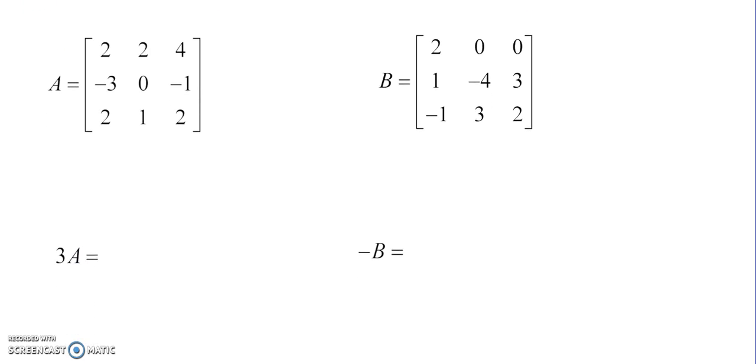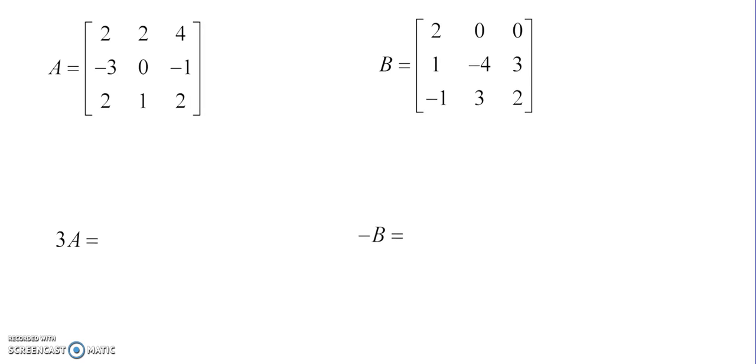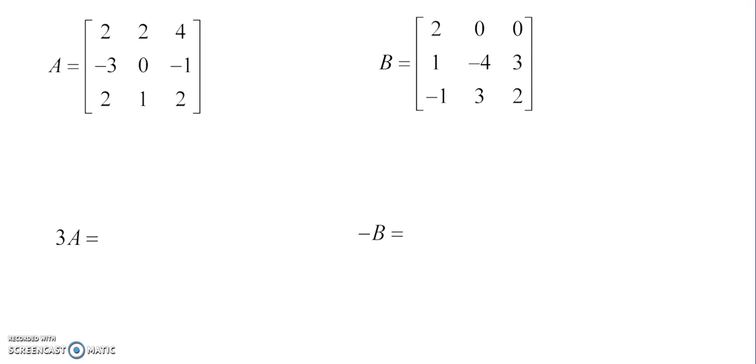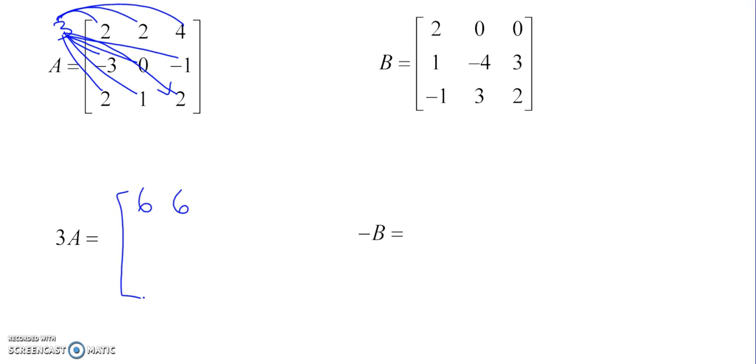So I have two matrices, A and B, and if you're going to multiply 3 times matrix A, all you do is multiply every single entry in the matrix, all 9 of them, by 3. Your new matrix is going to be 6, 6, 12, -9, 0, -3, 6, 3, 6.